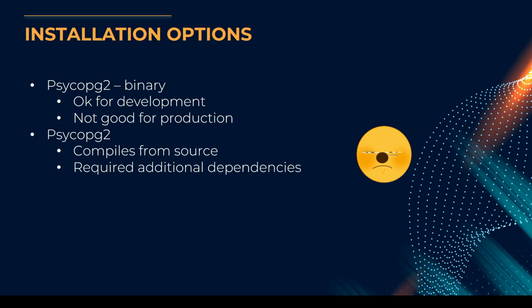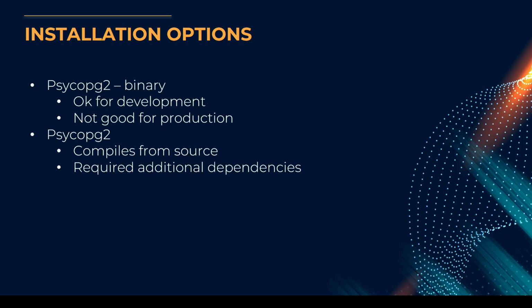The downside is that you need to have certain dependencies installed on your machine for it to compile properly. If you try to install it without these dependencies, pip will throw an error saying it's missing a required package needed to build the psycopg2 package.